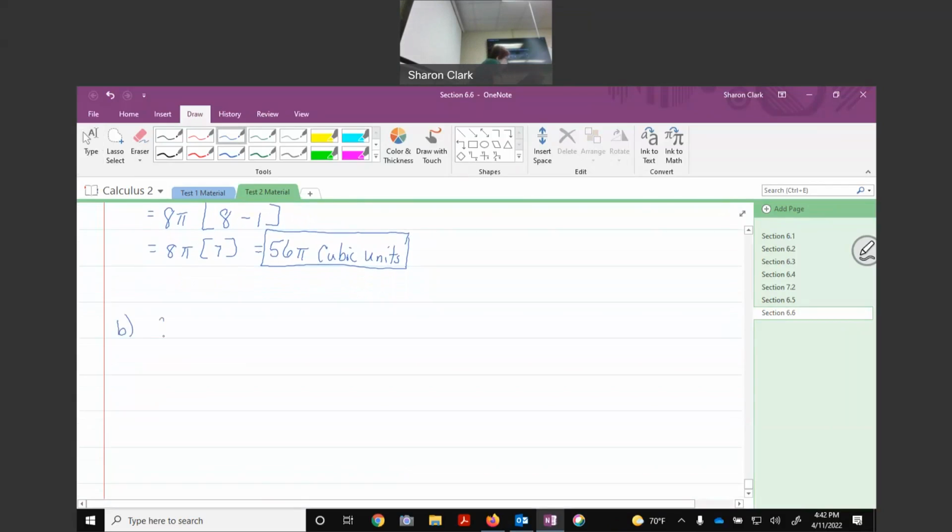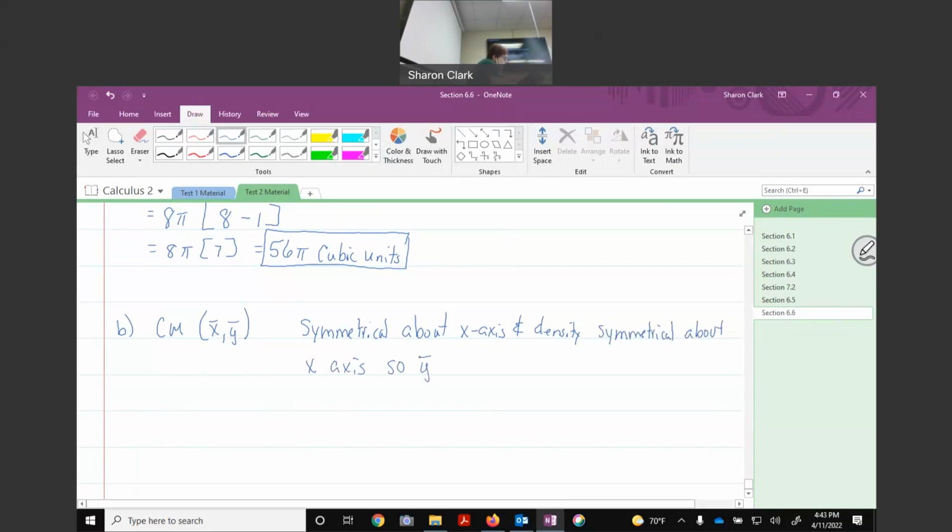Part B. CM is x bar, y bar. The plate is symmetrical about the x-axis, and so is the density.